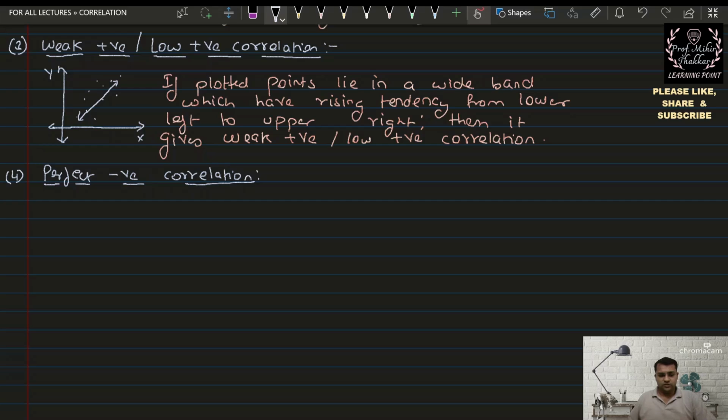Again, let us draw a rough diagram for this. In the above case, there was a rising tendency of the points in a positive correlation, whereas in a negative correlation they will have a falling tendency. Because it is a perfect negative, the points are lying in a straight line.